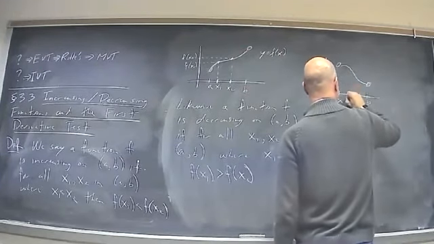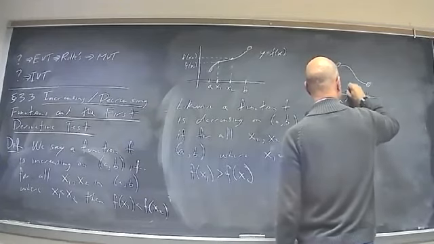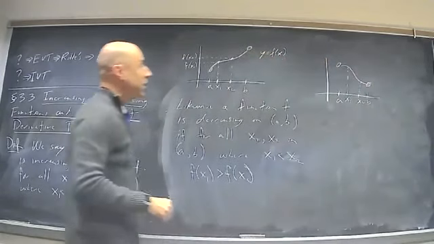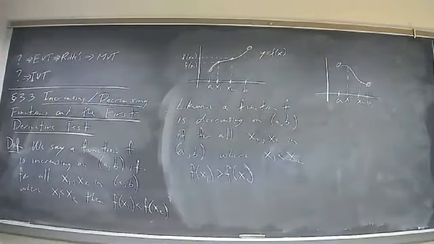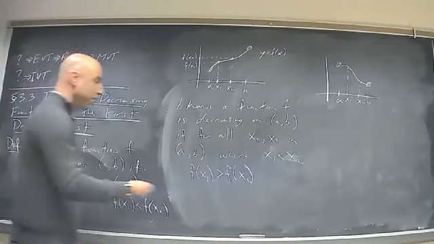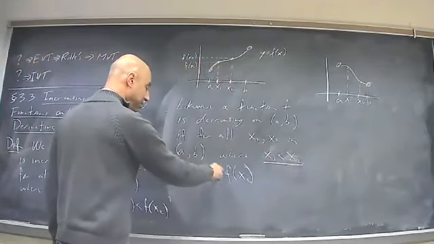If I pick any 2 points, x1 and x2, the y value at the point on the right is lower than the y value at the point on the left. Now notice, I only changed the order of one inequality. I left x2, the point on the right, in both of these. I just changed this inequality.